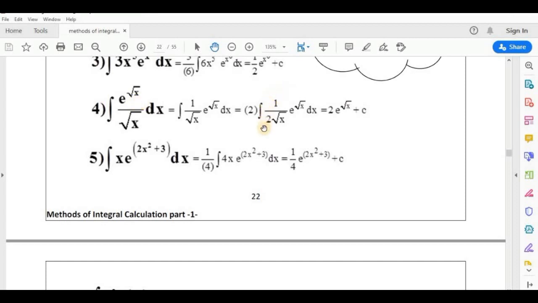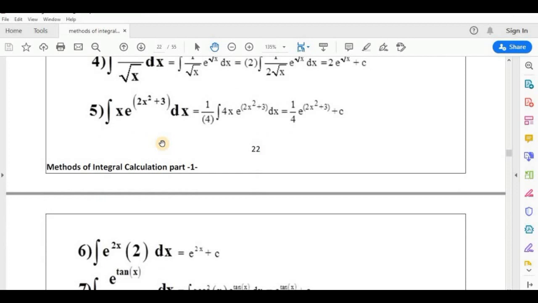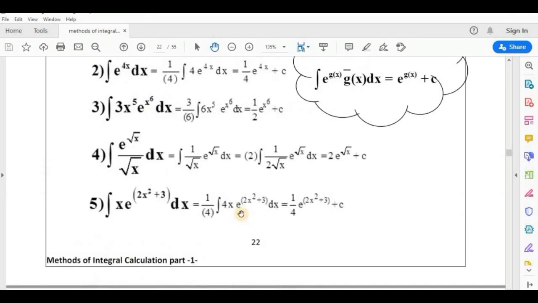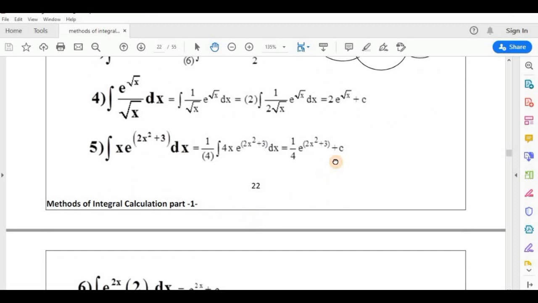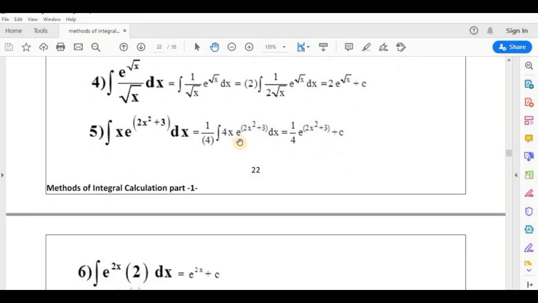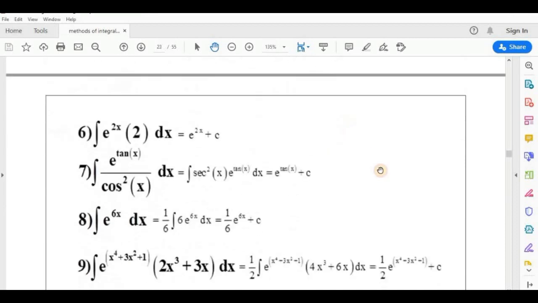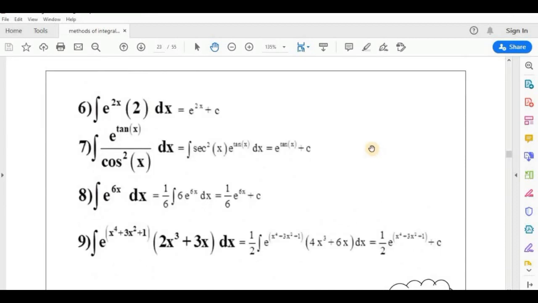It will be 1 divided by 2 root x. Simple. The second one, we have an exponential. What is the derivative of this function? We find it directly, and we get the result of this function. It is just a simple application.